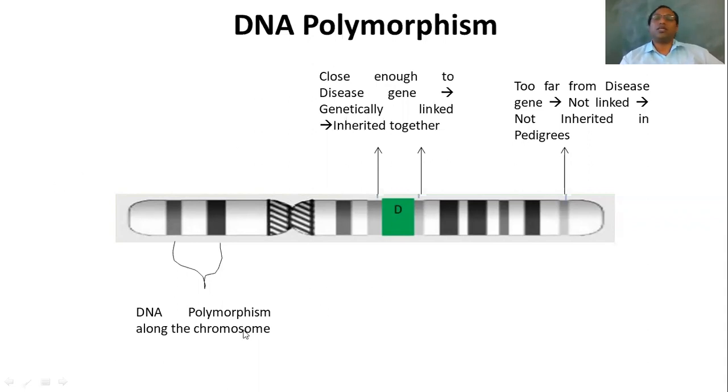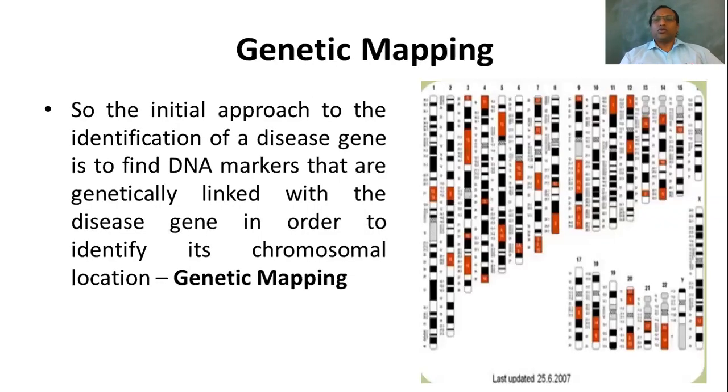This is what the DNA polymorphism actually teaches us. Like this, when we study many genes, it is called genetic mapping. So the initial approach to the identification of a disease gene is to find DNA markers that are genetically linked with the disease gene in order to identify its chromosomal location. It is called genetic mapping.